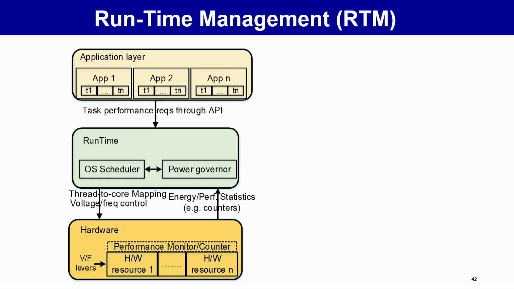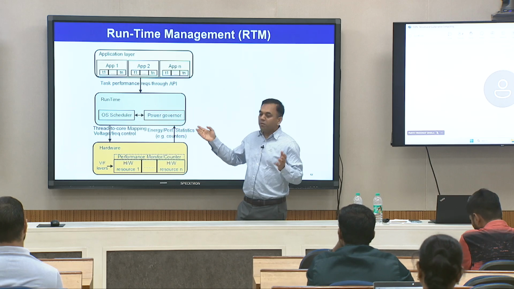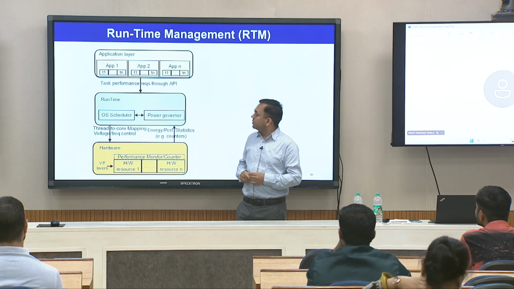And at the top you have applications, right? And these applications again can be multi-threaded, so there are many processes in one application. And they might also have some requirements. Like you don't want to take too much time to run an application, or you don't want to waste a lot of energy for an application.